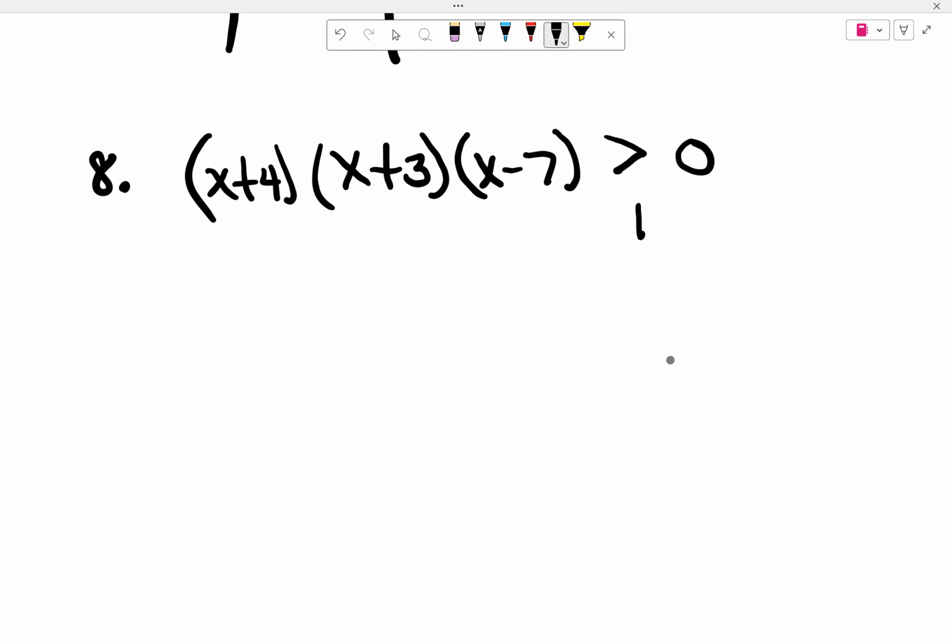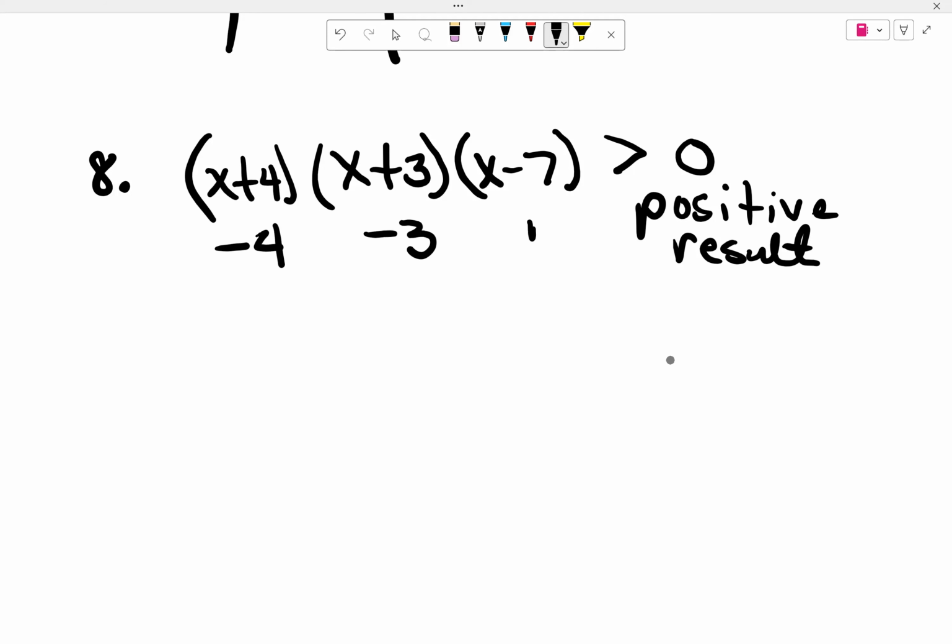So it has to be positive. A positive result is what we're looking for. Now, you can tell because these are the intercept factors. This is a -4, this is a -3, this is a +7. So drawing a number line, here's negative infinity, here's positive infinity.